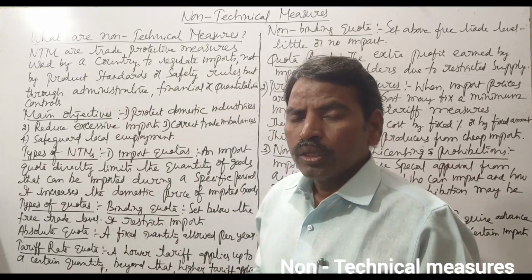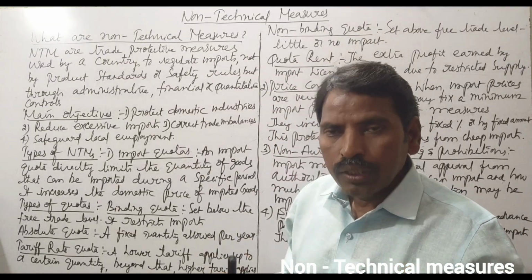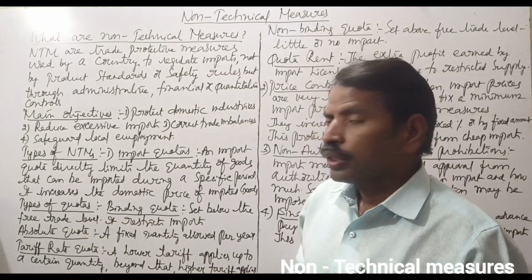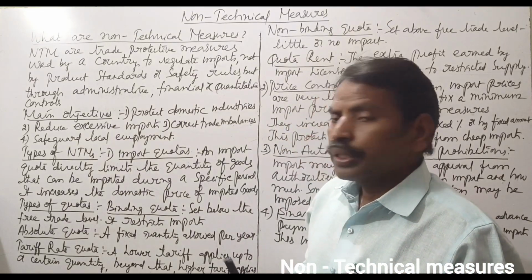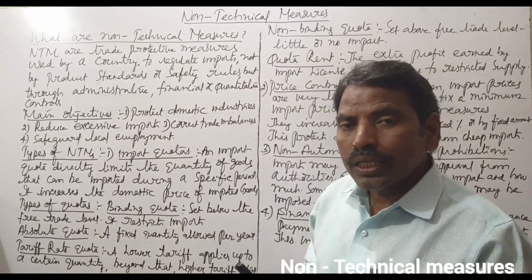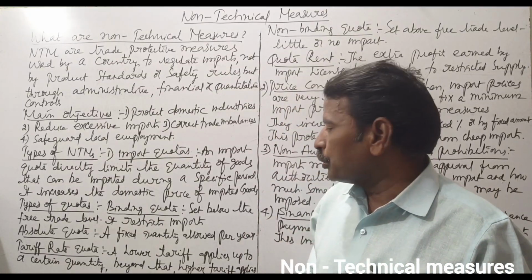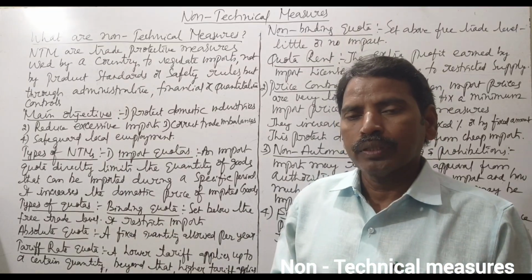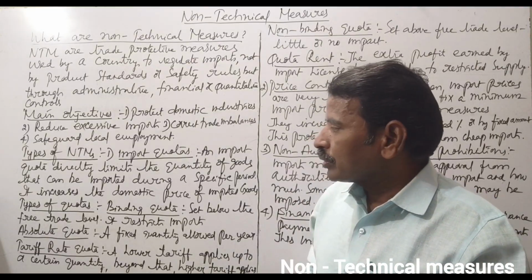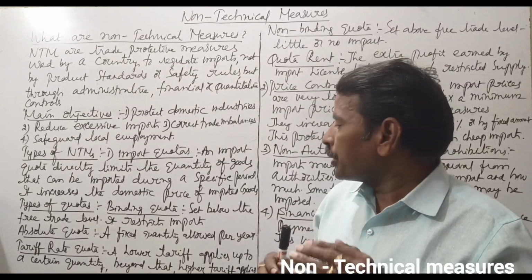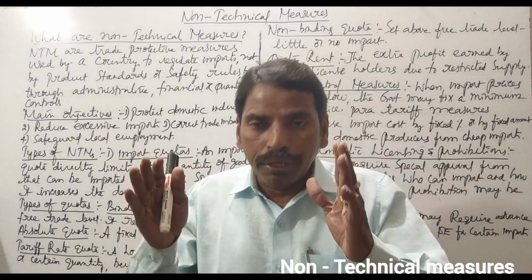Next, what are the types of non-technical measures? One is import quotas. An import quota directly limits the quantity of goods that can be imported during a specific period of time.